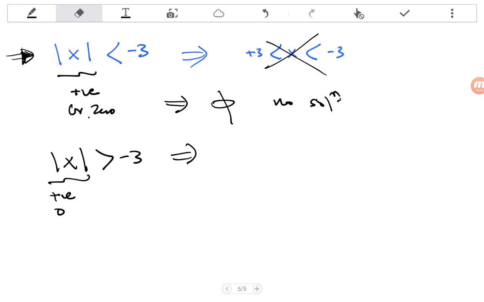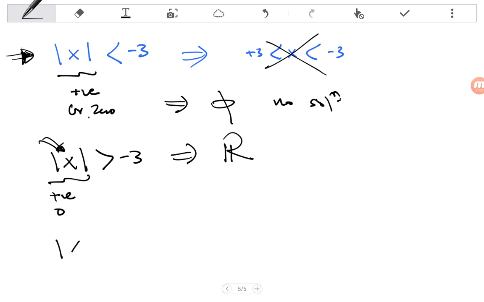For any value of x, this is positive, so this will always be correct for whatever x is. So in that case, what is the solution? It will be R. All the values are solutions. Put any value of x in this statement, and the statement will be correct.